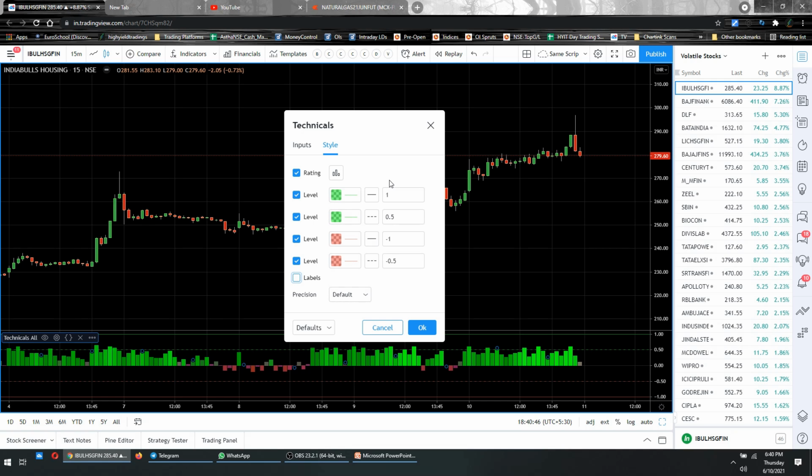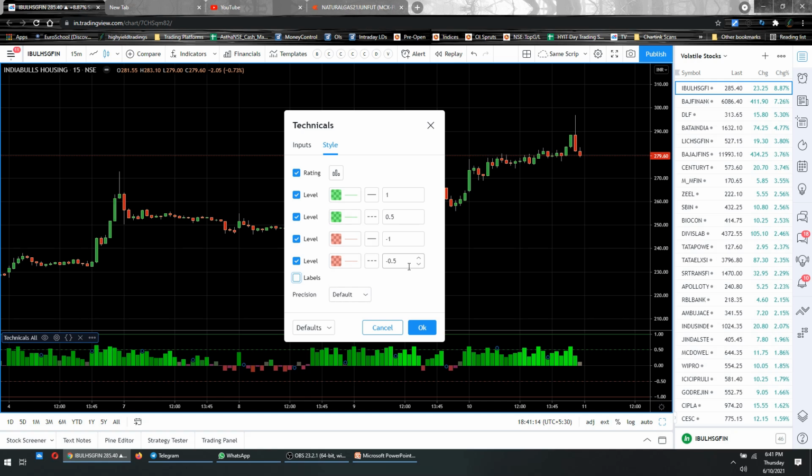Now coming to these numbers, 1, 0.5, -1, and -0.5. To be frank, I didn't get much time to go ahead and have a look at the Pine script as to what exactly these numbers do. But what I have done is I have made an observation as to what exactly is happening on the chart, which I'm going to explain a little bit further.